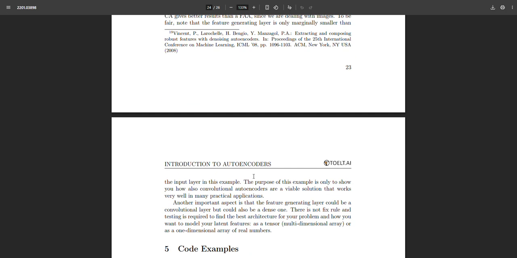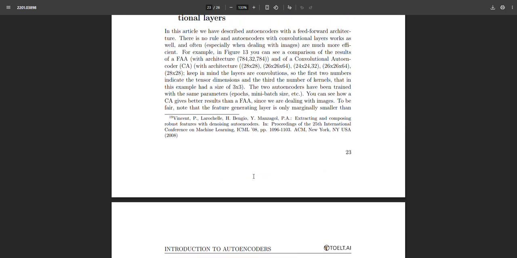And the results speak for themselves. In the paper's comparison between the feed-forward architecture 784, 32, 784 and the more complex convolutional autoencoder architecture, the convolutional autoencoder clearly gives better reconstruction results because it's optimized for images.